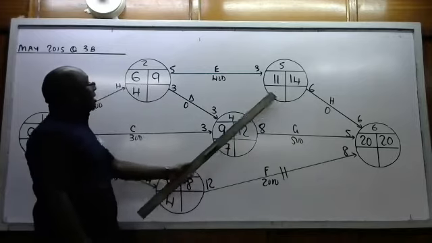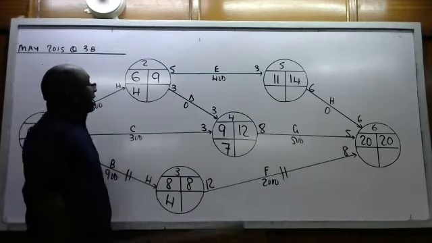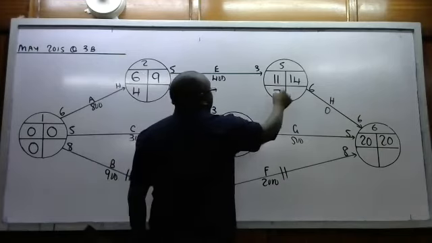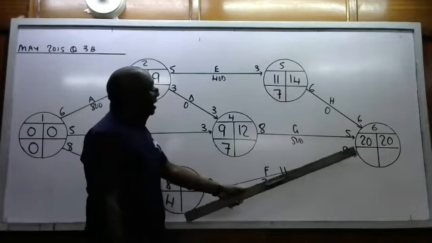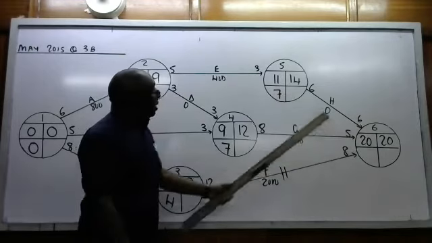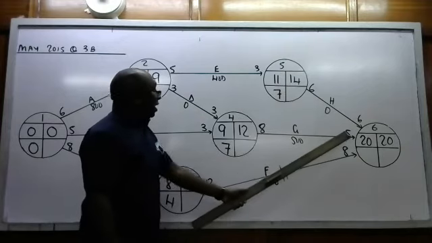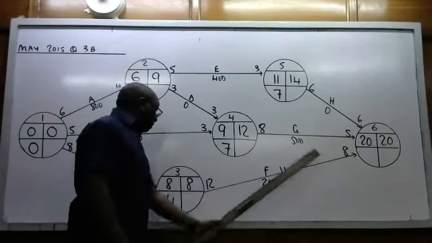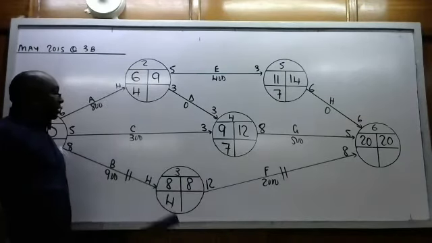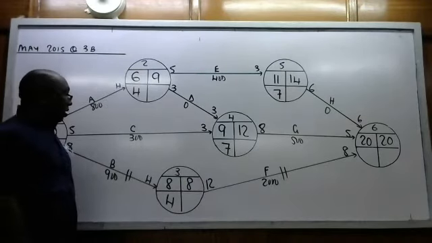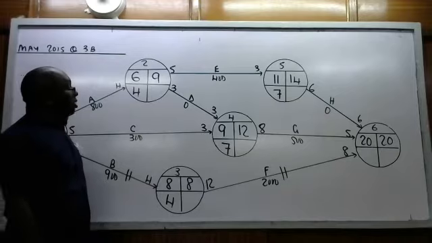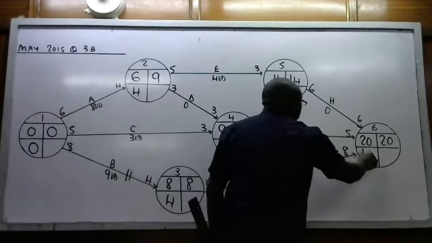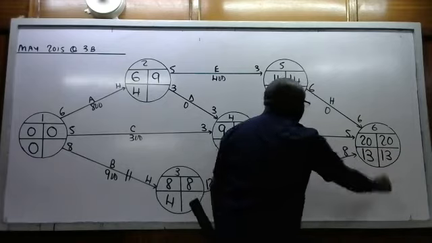When I get here, it is 4 plus 3, that is 7. And when I get here, there are 3 arrows, so it will be 6 plus 7, 13. 5 plus 7, 12. And 8 plus 4, that is 12. So I will go for 13. So 13 there and 13 there.